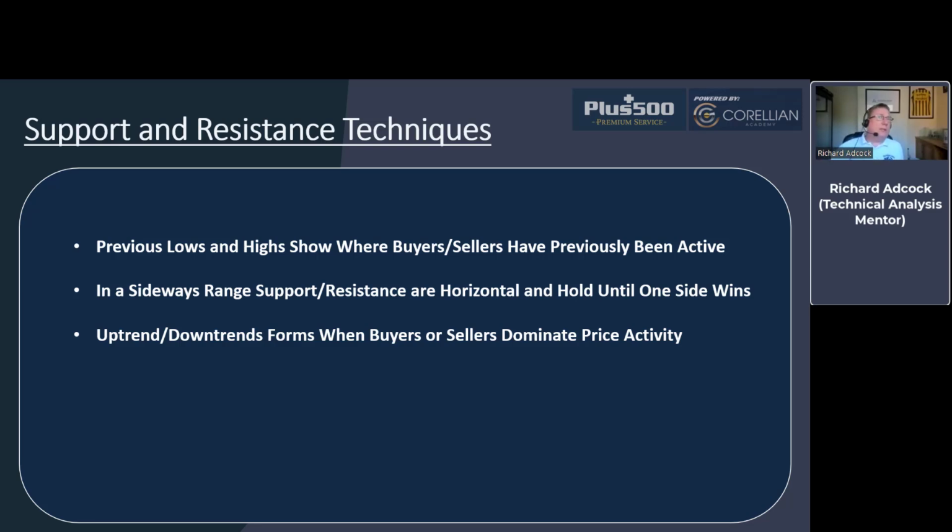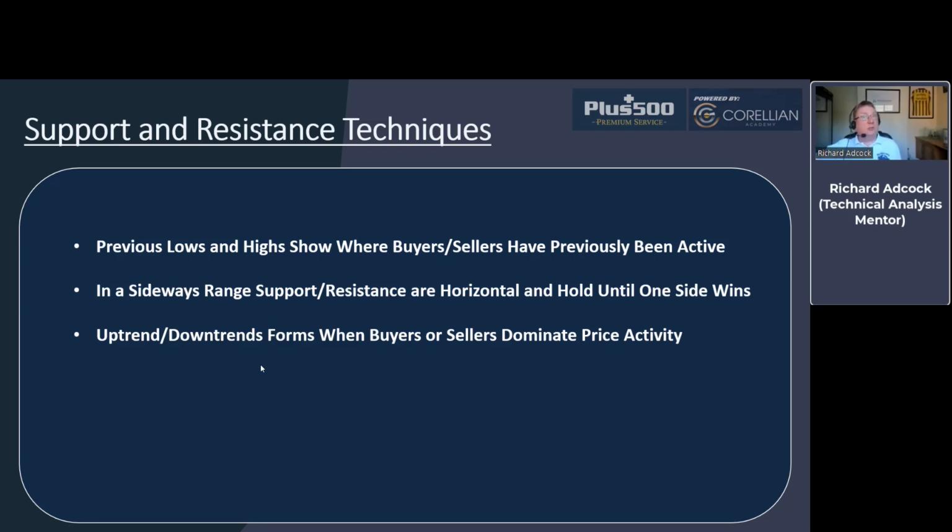Often when we see a breakout from this type of sideways trading range, the market then develops an uptrend or a downtrend, which reflects where buyers or sellers are more dominant: buyers for an uptrend, sellers for a downtrend. In a downtrend, for instance, recoveries in price run into selling pressure at a lower level each time.